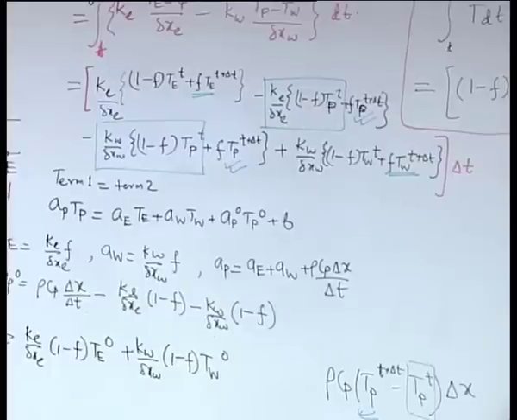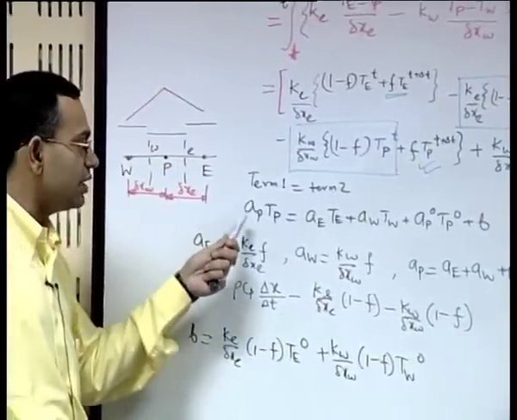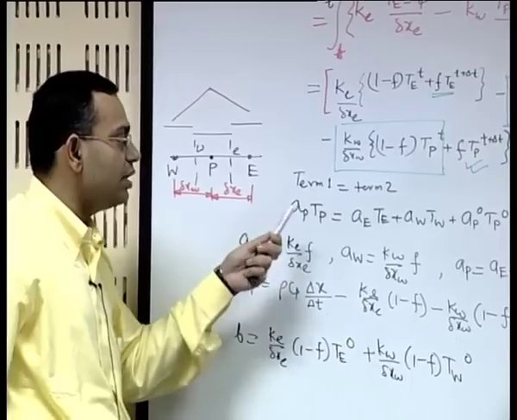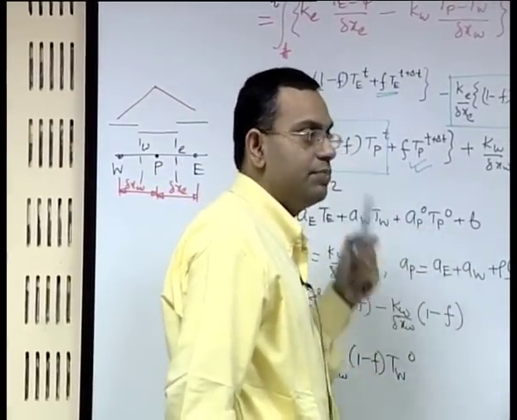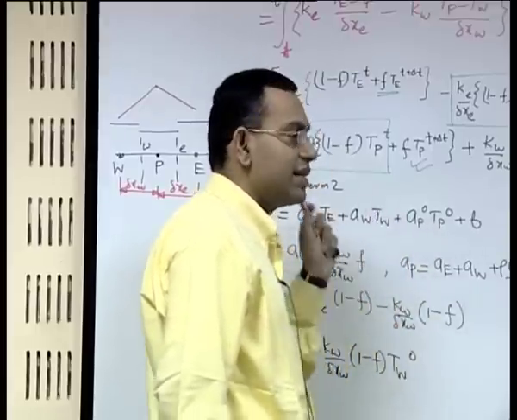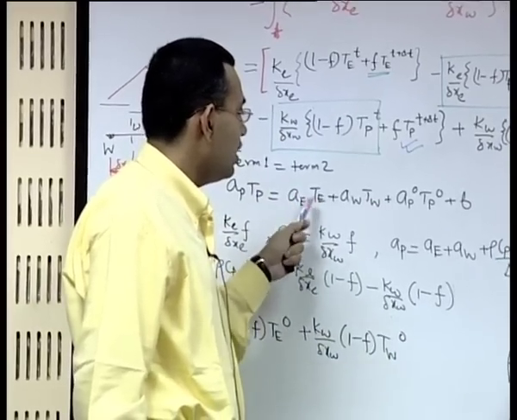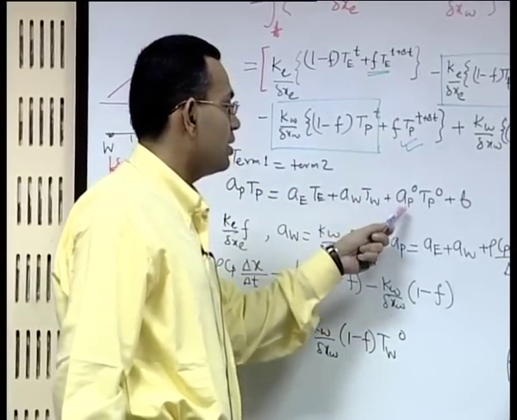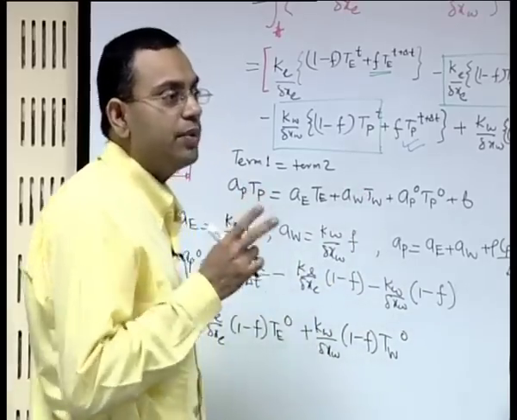So, even for the unsteady state problem we are able to discretize the equation in the form APTP equal to AETE plus AWTW plus AP0 TP0 plus B, where now a new neighbor has appeared. Earlier the neighbors were E and W, now there is a time neighbor. So there are two types of neighbors now.